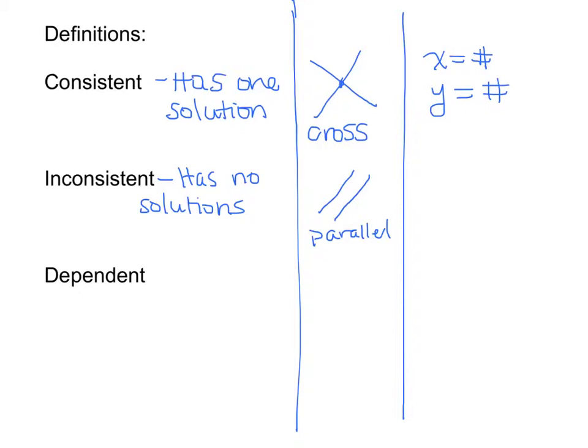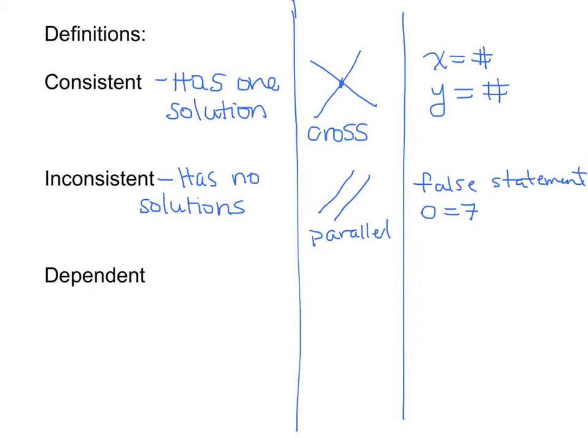What that looks like when you go to solve, if you're doing substitution or elimination, is that all of your variables are going to drop out and you'll end up with some sort of false statement, such as 0 equals 7. We all know that's not true, and that's the type of result you will get when solving an inconsistent system.